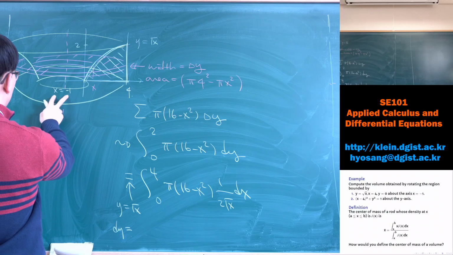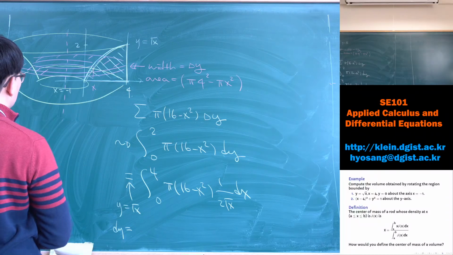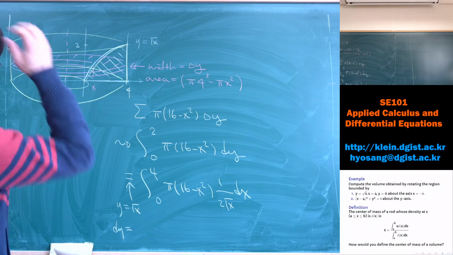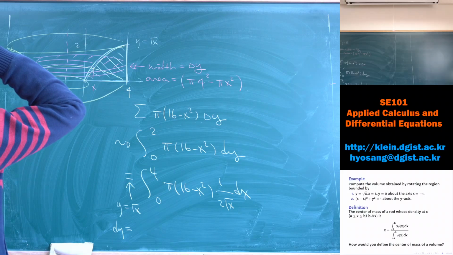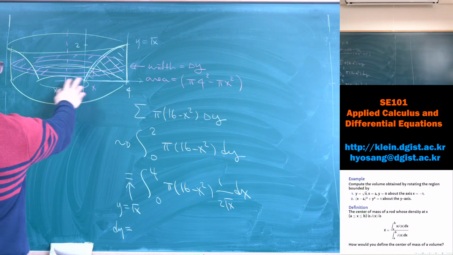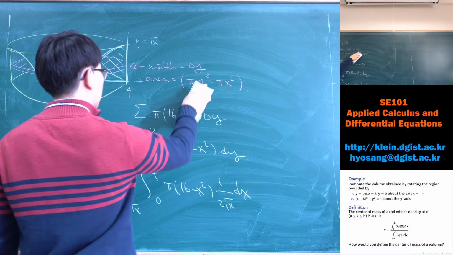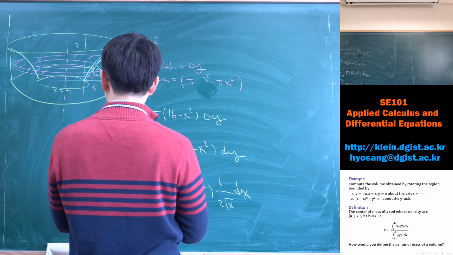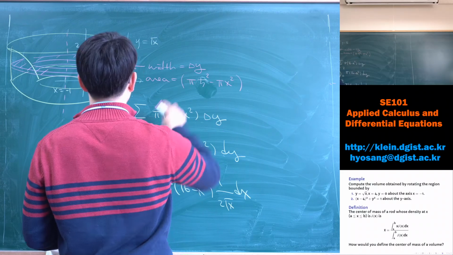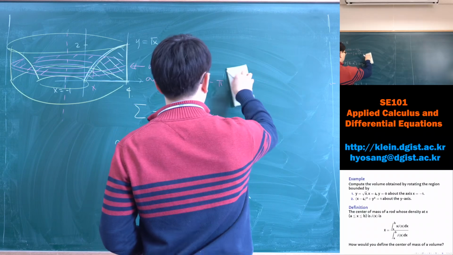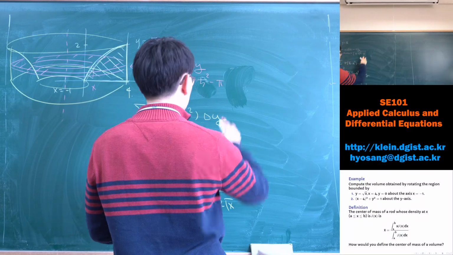I have to take a rotation about x equals -1. Okay. So I'm sorry, this is 5, and this is x plus 1, right?